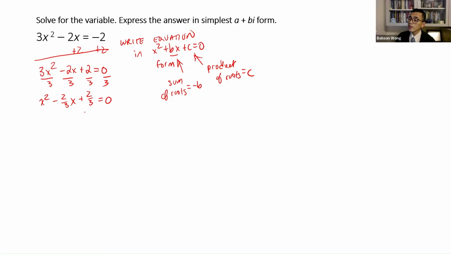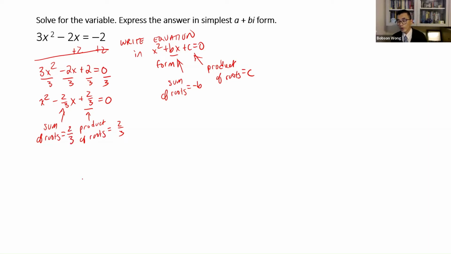So in this case, the product of the roots is 2/3, and the sum of the roots is negative b, so that's negative negative 2/3, which is positive 2/3.